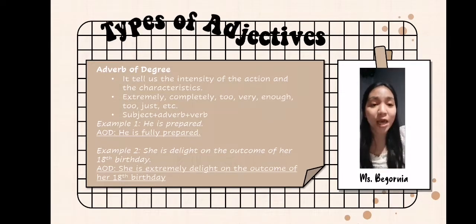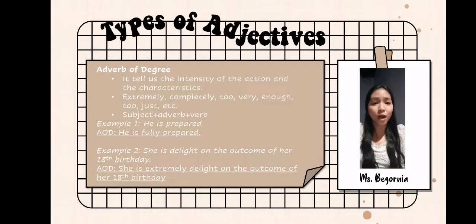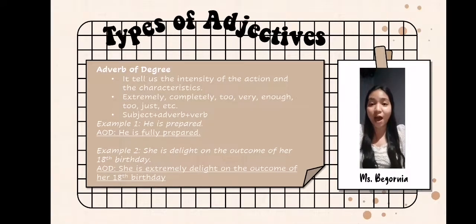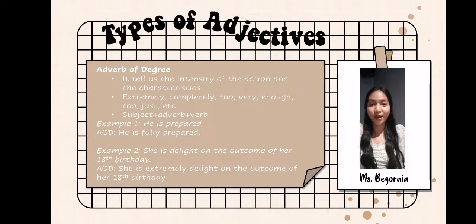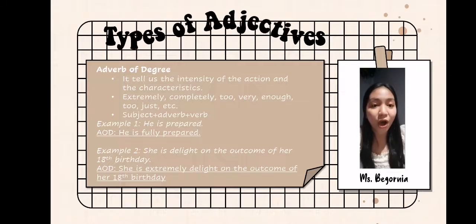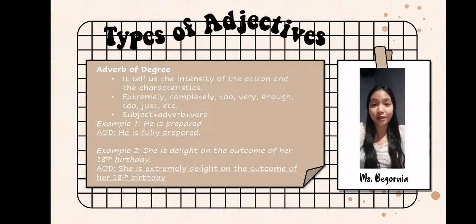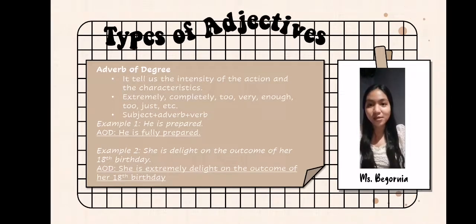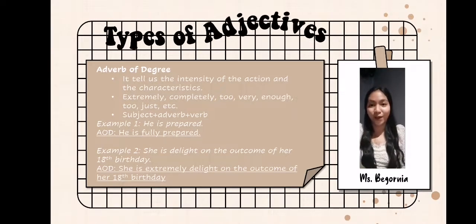Second example, she is delighted on the outcome of her 80th birthday. How delighted is she on the outcome? So here is the adverb of degree. She is extremely delighted on the outcome of her 80th birthday. Ibig sabihin, sobrang saya niya sa naging outcome ng kanyang birthday.